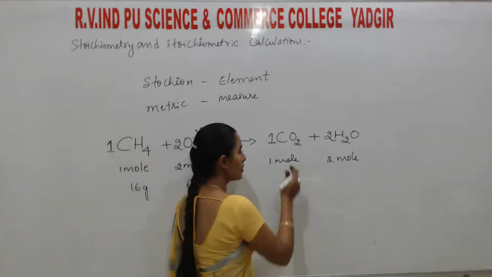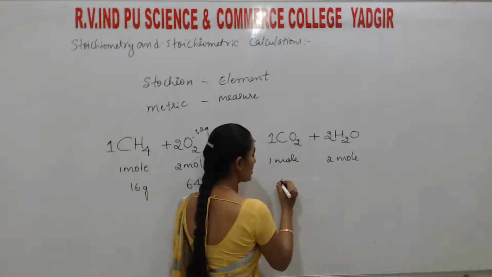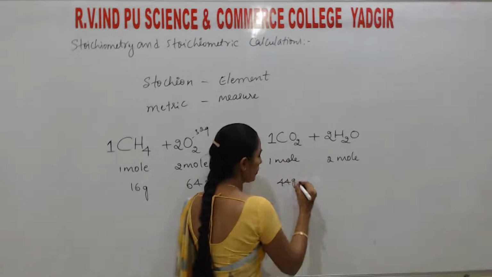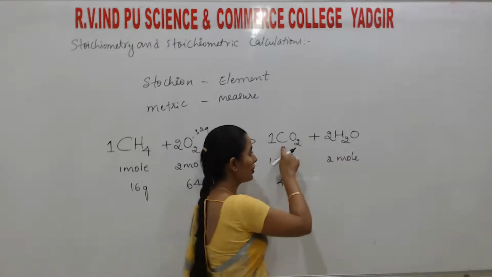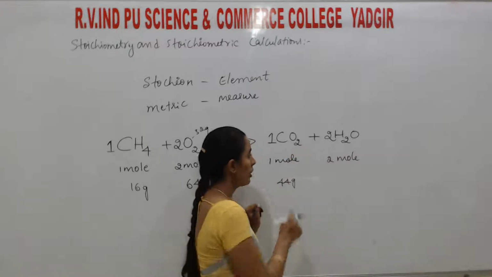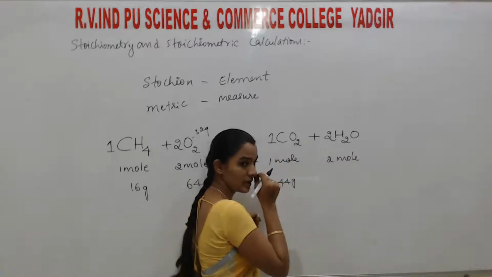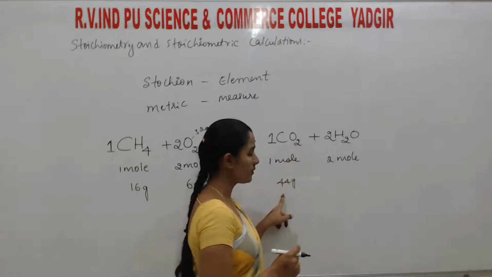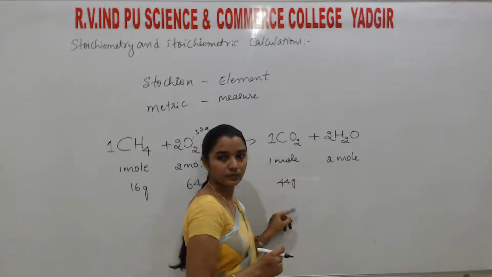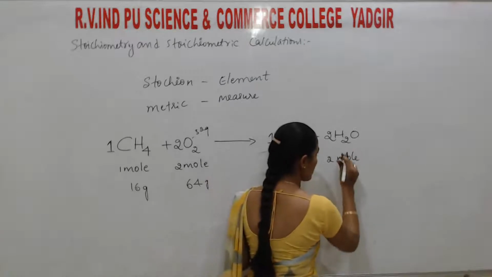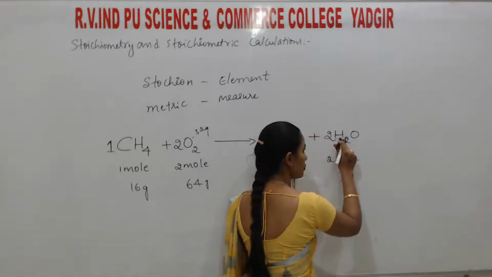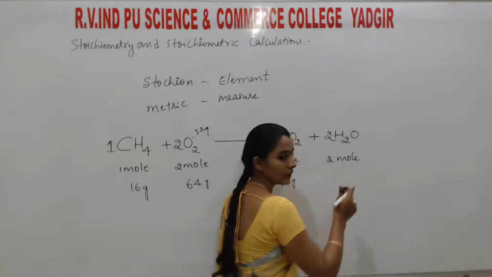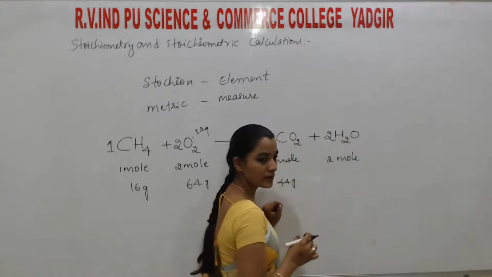CO2 is 1 carbon plus 2 oxygen, that is 12 plus 32, which gives 44 gram. You may calculate it yourself. Next, H2O means 2 into H plus oxygen, so its molecular mass is 18.